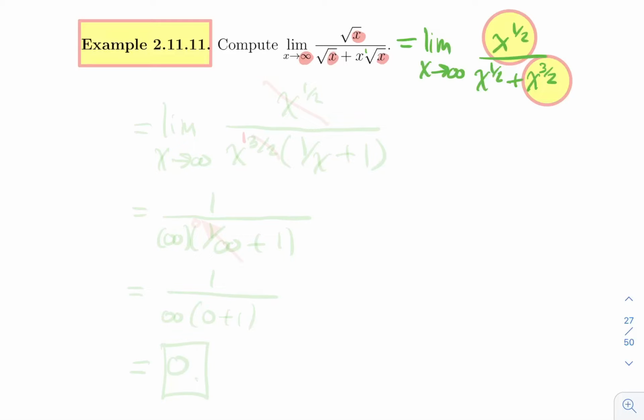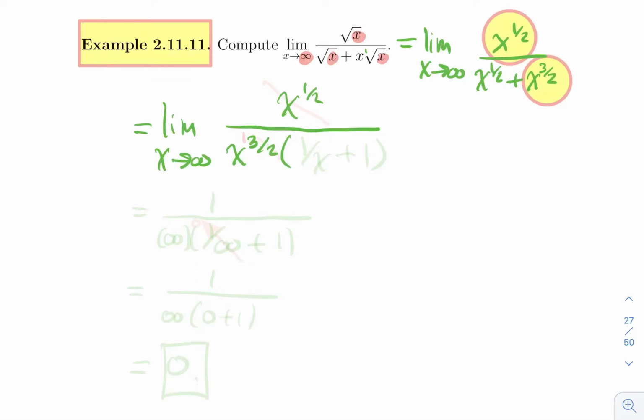Of course, there's nothing to factor at the numerator, it's only one term. So I just need to factor by x to the power 3/2 at the denominator. Here we get the limit as x goes to infinity of x to the 1/2 at the numerator, which does not change. Down there we have x to the 3/2.